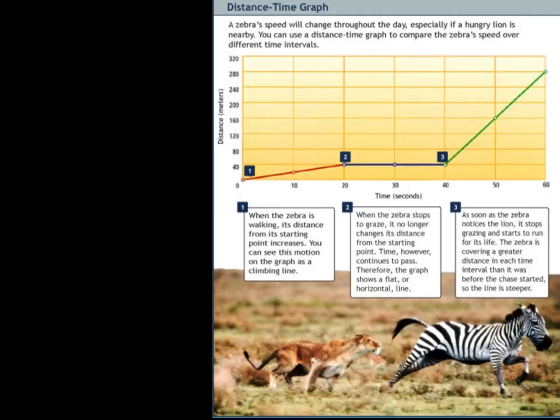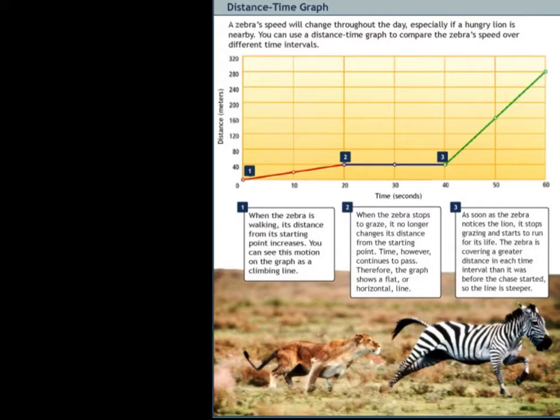All right, take a look at this distance time graph. Remember, distance time graphs are very important in science and in math. What you'll notice is this first section, it says the zebra's just walking. So his speed isn't great. He's going a short distance in a matter of time. In this case, he went 40 meters in 20 seconds.